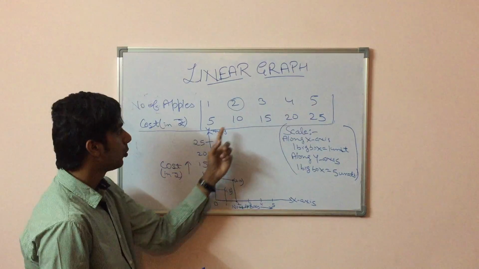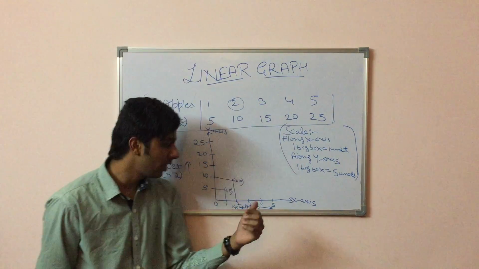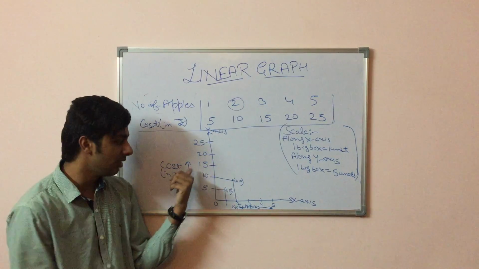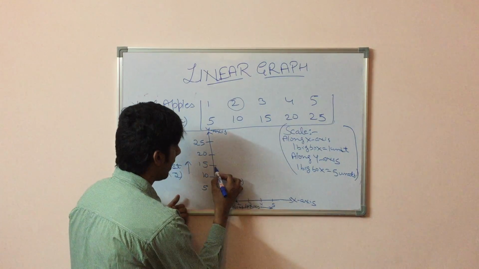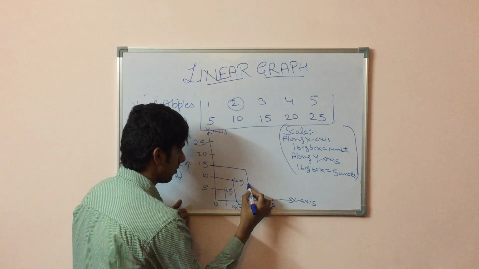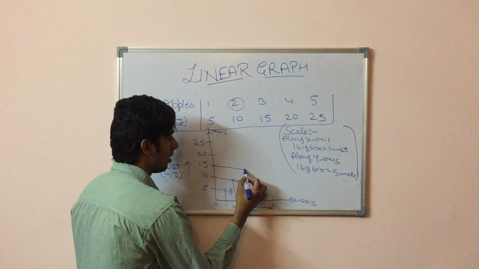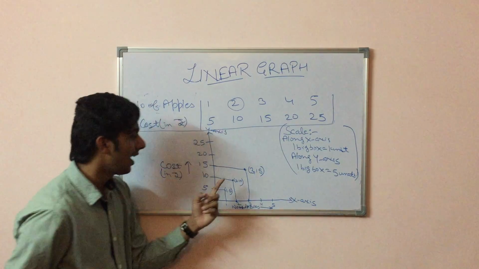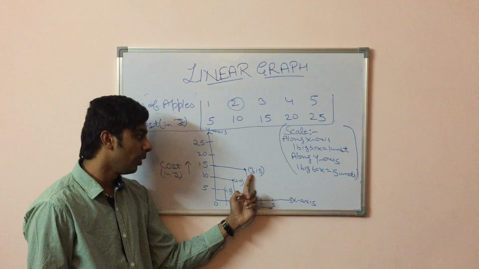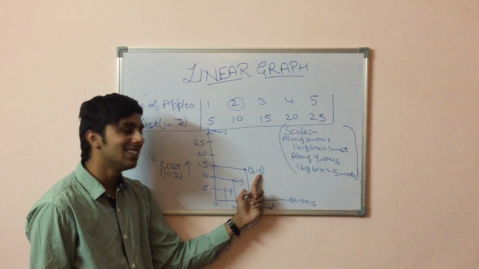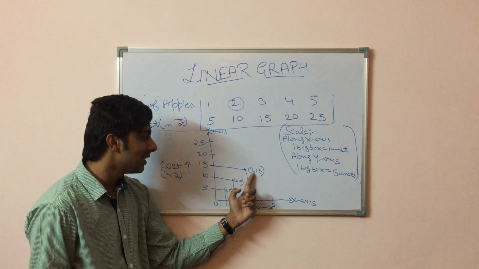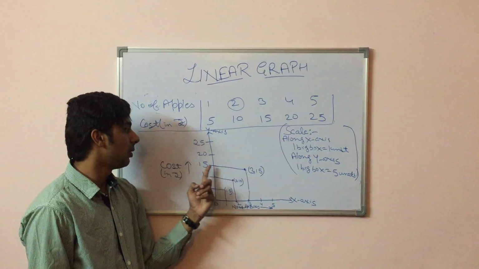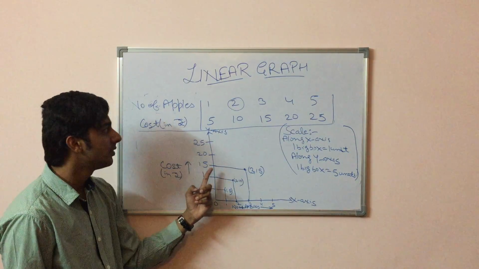Now 3 comma 15: keep in mind 3 is x and y is 15. So take it upward like this. This is the point 3 comma 15. Now if I ask you what is the abscissa here, 3 is the abscissa and 15 is the ordinate. The reason is 3 is the point on the x-axis and 15 is the point on the y-axis, right?